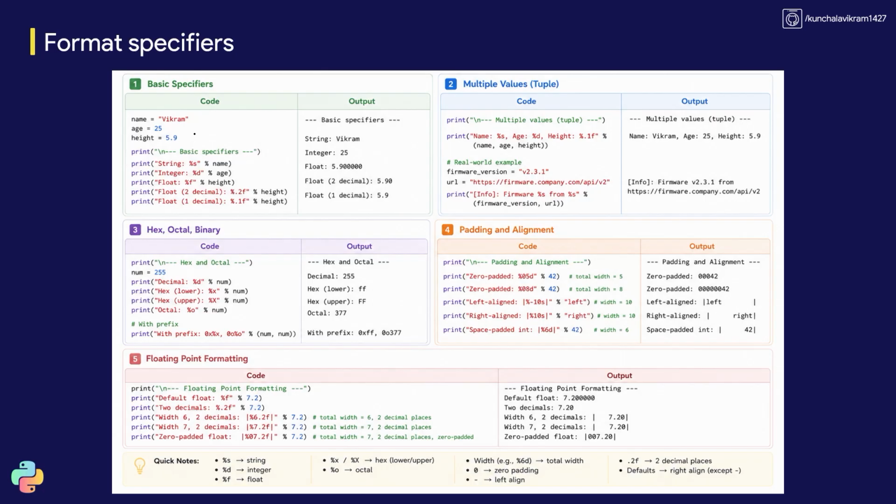For example, I want to print a float with a certain number of characters after the decimal. For example, I have three variables here: a name, age, and height. You can see name as a string, age as 25, and height as 5.9, which is a floating point value.